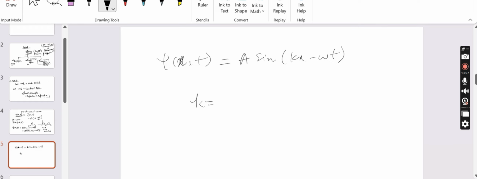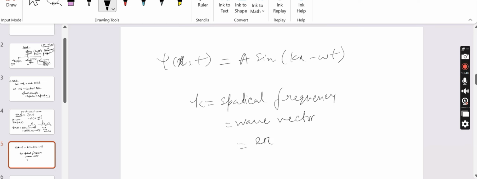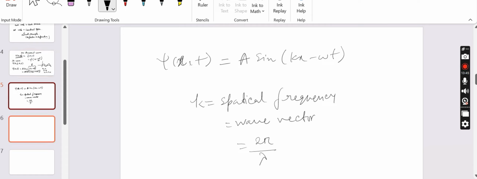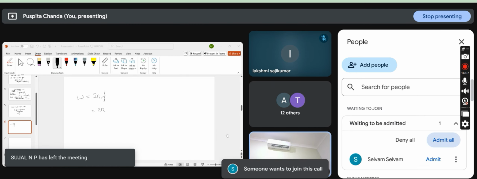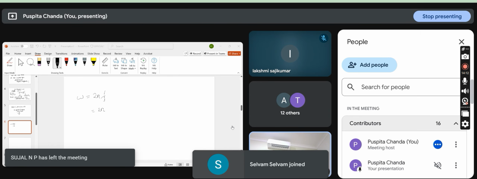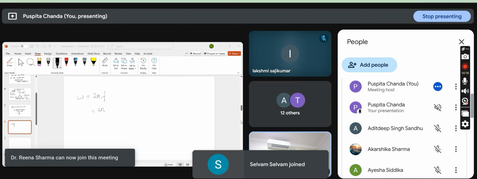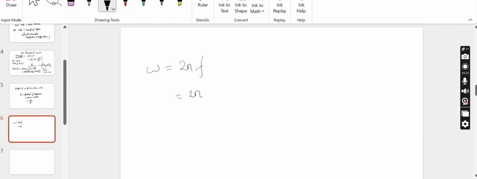So the k is called spatial frequency as well as wave vector, which is equal to 2 pi by lambda, and omega is basically 2 pi into frequency, or sometimes we write as 2 pi mu, whichever is more convenient to you, that's totally fine.